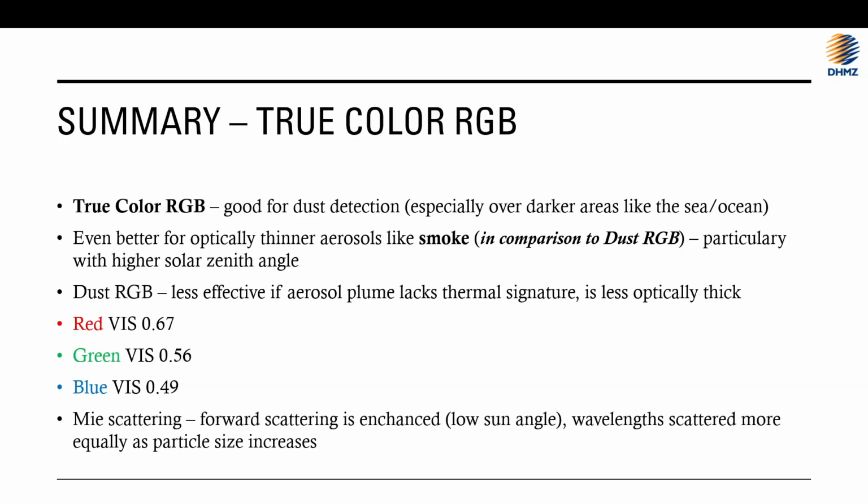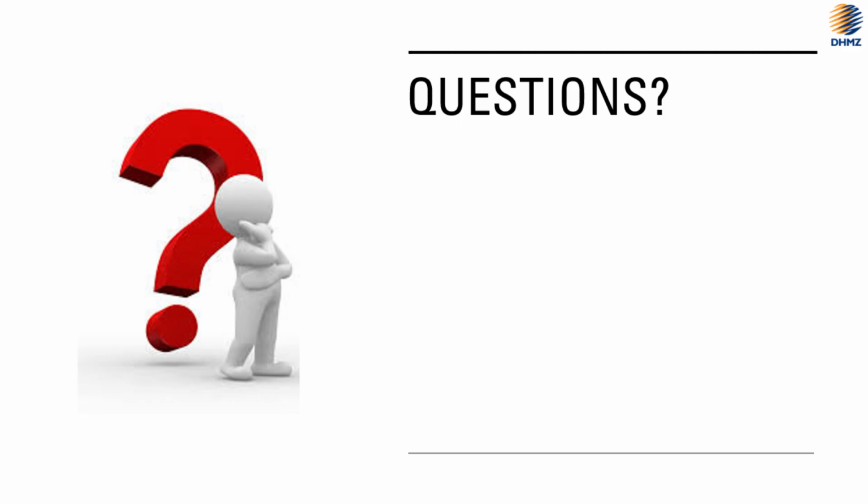And of course, we have Mie scattering being the dominant scattering regime with any type of aerosols, and then the forward scattering is enhanced when the sun is low in the east or the west. And as the particles gain size, then the scattering gets more equal, and there is no preferential scattering towards either parts of the spectrum.